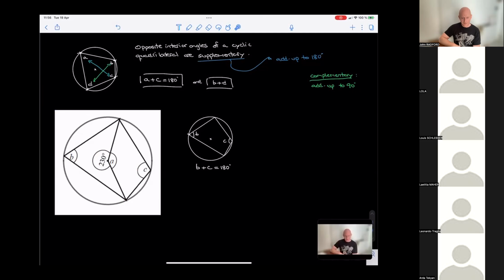But just look at it: the angles around a point have to add up to 360, right? So 230 plus A has to equal 360. So I would write that on the side here. I know that A plus 230 has to equal 360. Therefore, if I subtract 230 from each side, A has to be equal to 130 degrees.